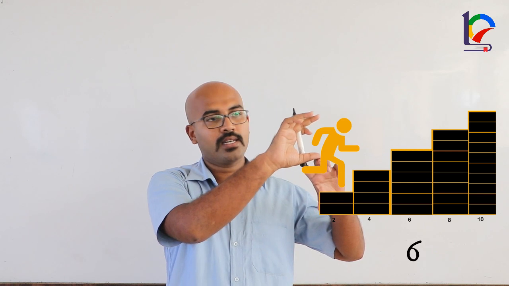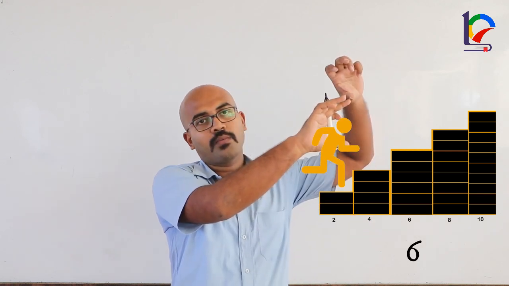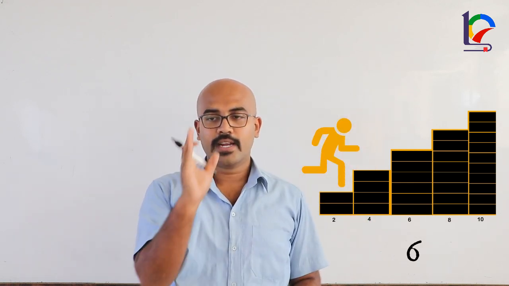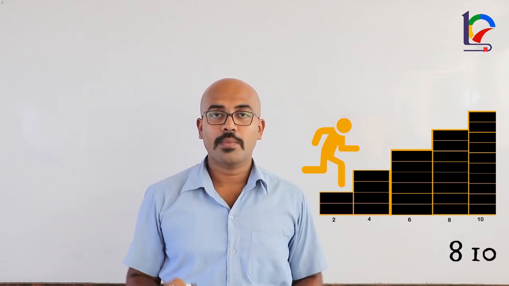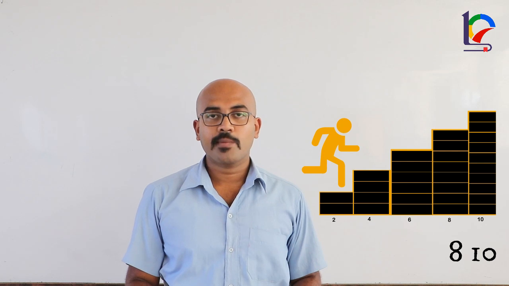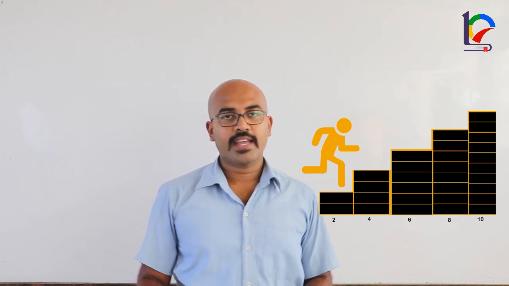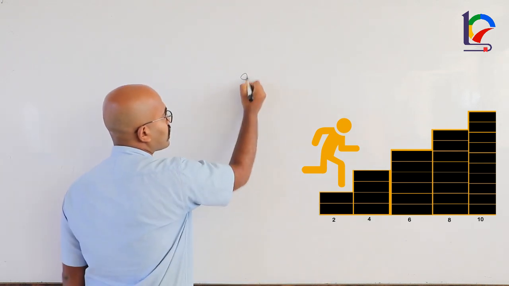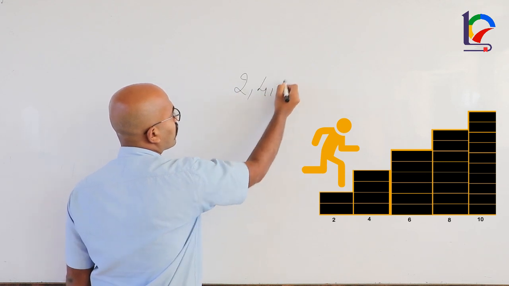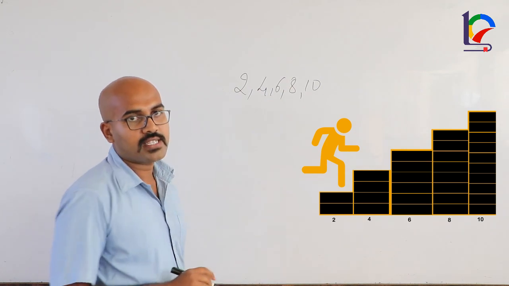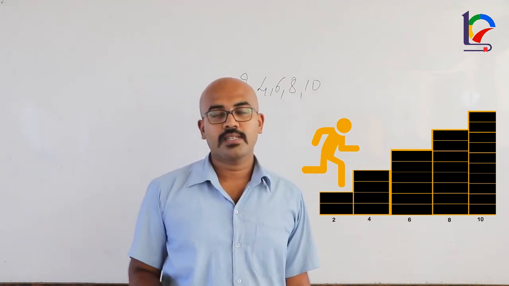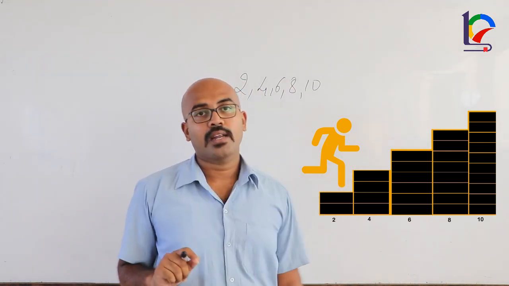For the third step, there will be 4 and one more 2, so 6. So 2, 4, 6, 8, 10 are all in progression. This is an arithmetic progression. There are 5 steps, so this many bricks are used.